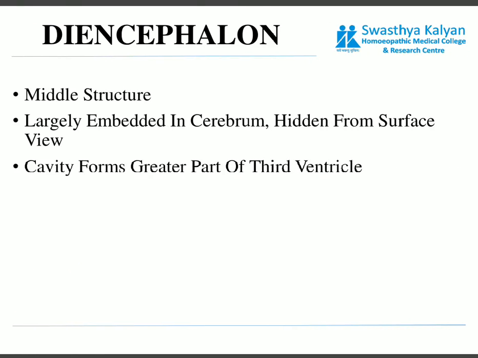So the diencephalon is a middle structure. The large part is embedded inside the cerebrum, and so it is hidden from the surface view. Its cavity forms the greater part of the third ventricle.